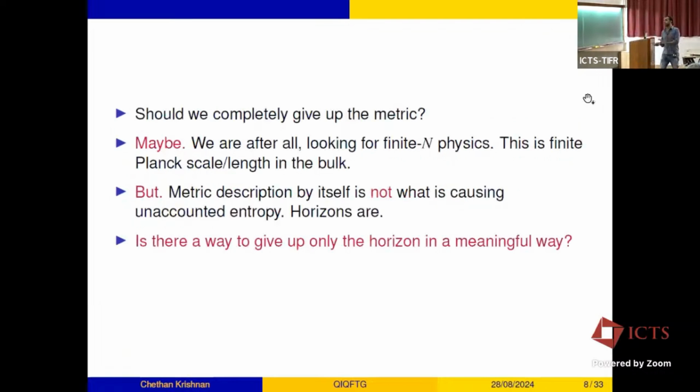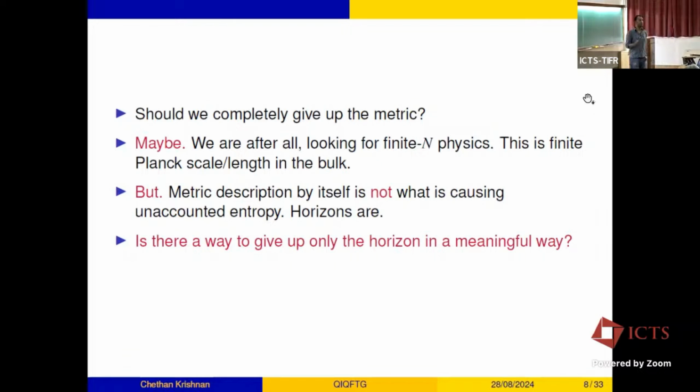So the first thing we would consider is some stretched horizon type of setup that I will talk about. Not to pull any punches, the question is how should we completely give up the metric if we are trying to start with some microscopic, some sort of microstate construction.